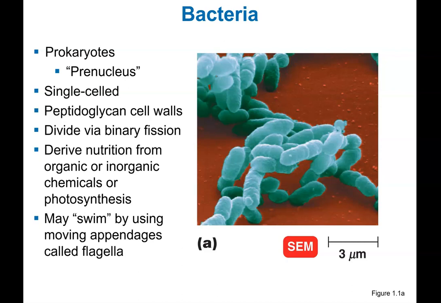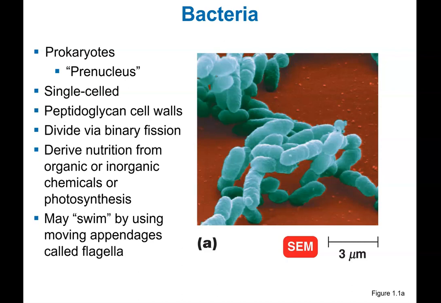If you check out the Amoeba Sisters, I do have links to lots of good YouTube videos and animations on our Canvas page. They give a nice little rhyme for remembering prokaryotes versus eukaryotes. They say pro, no. So prokaryotes don't have a nucleus. Pro, no nucleus. Eukaryotes do have a nucleus.